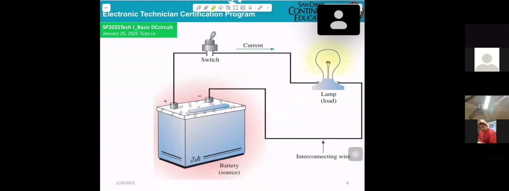Okay, the next one. You get your car battery. Get the battery here, you get a positive, you get a negative. Okay. When you turn on your light, see what happened. First thing, you can see the current flow here.